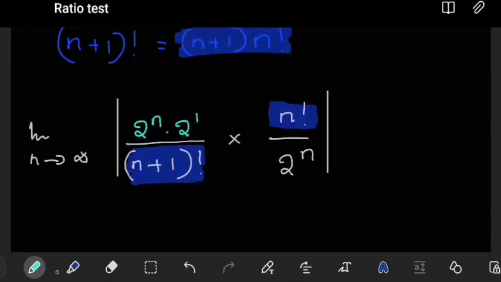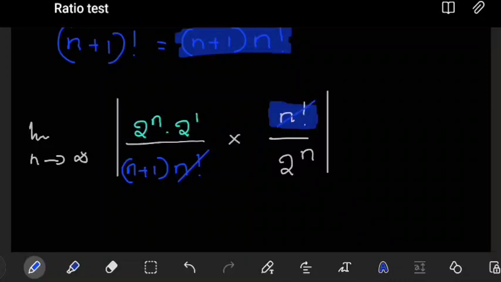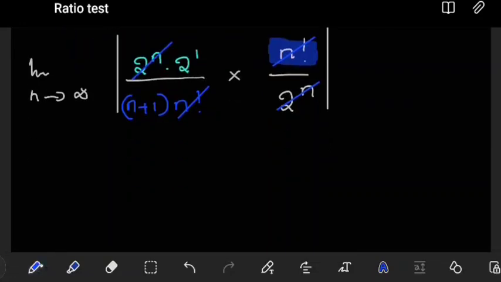And in place of n plus 1 factorial, we're going to have n plus 1 multiplying n factorial. Here you see that the n factorial and the n factorial are going to cancel out. That was our goal. And the 2 to the power n and the 2 to the power n are going to eliminate as well, so our expression remains as the limit as n approaches infinity.